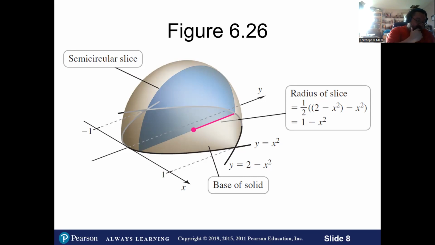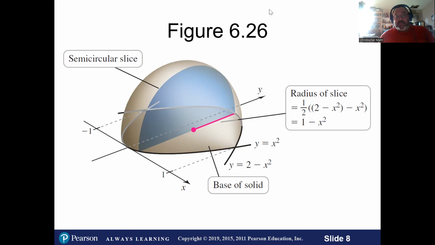The area of a cross section of a semicircular disc is always going to be 1/2 pi r squared. So we just need to know the radius of the cross section. And for us, the radius of the slice is going to be the difference between the upper curve, 2 minus x squared, and the lower curve, x squared.